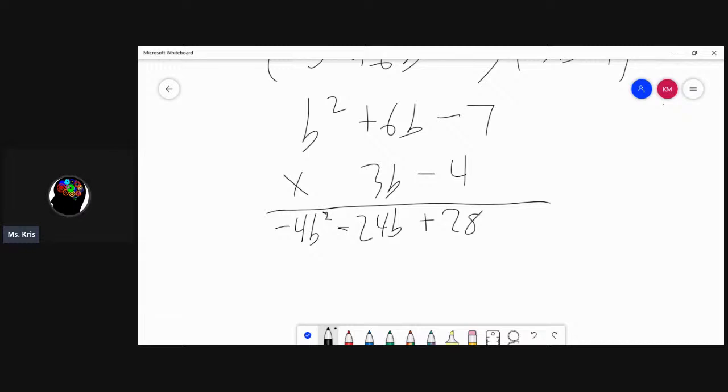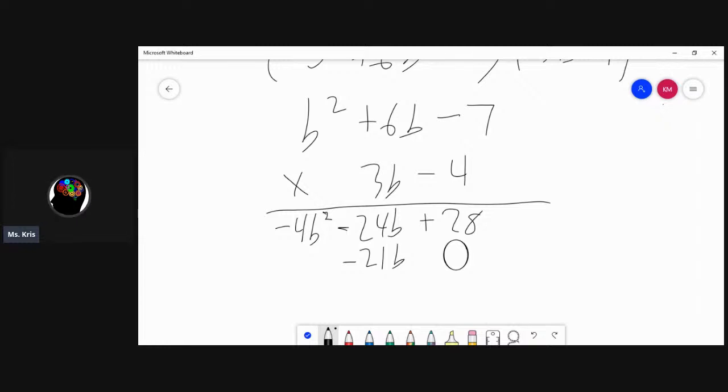Now, I'm going to take my 3b and I'm going to multiply it to my negative 7, and that gives me a negative 21b. If you're really old school, you know you can take a 0 and you can put it as a placeholder for the place that you didn't multiply. So, negative 21b from 3b times negative 7.